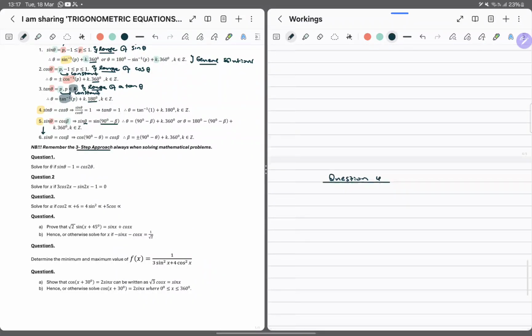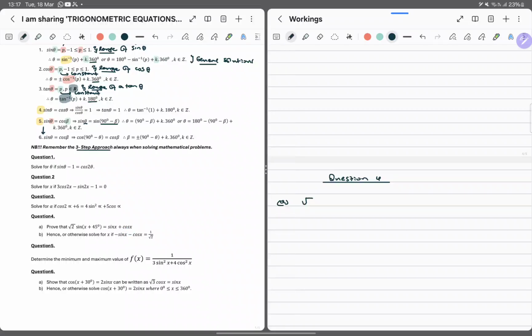All right, 4, we have A. Now we need to prove that square root 2 sine of this compound angle is equal to sine x plus cos x. So we need to prove this.